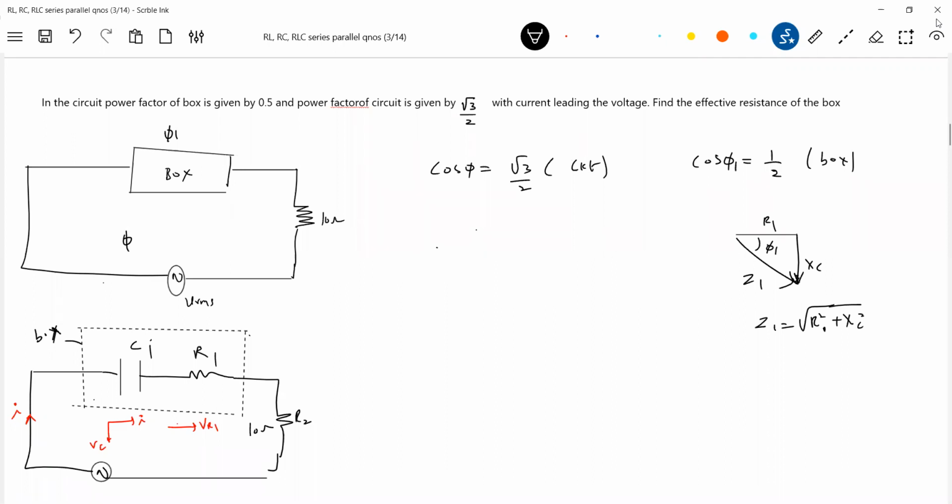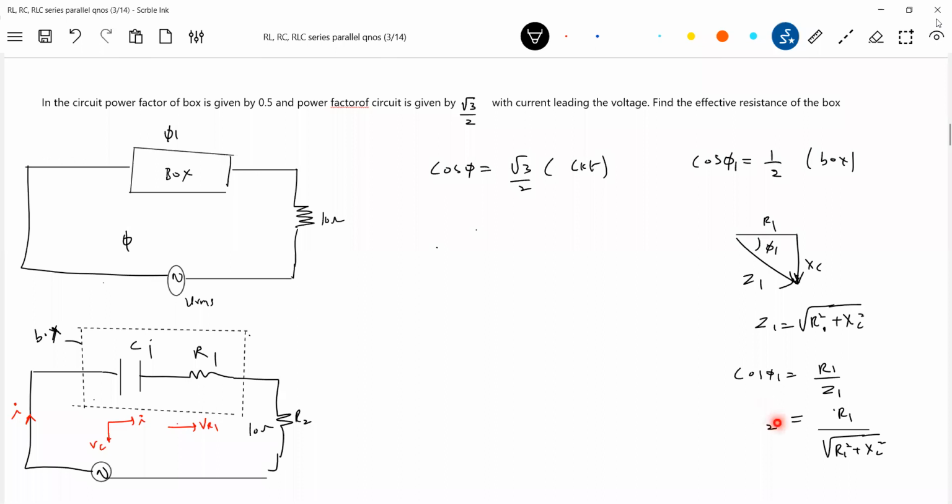So cos phi 1 is R1 by mod of Z1, and this is 1 by 2. So R1 by root of R1 square plus XC square equals 1 by 2. Okay, there's one equation.